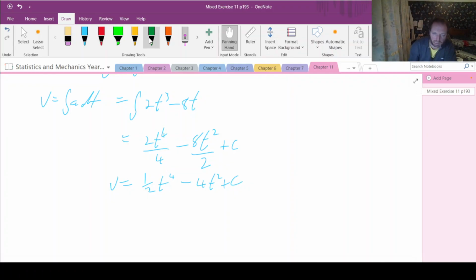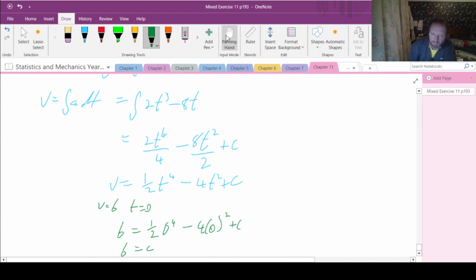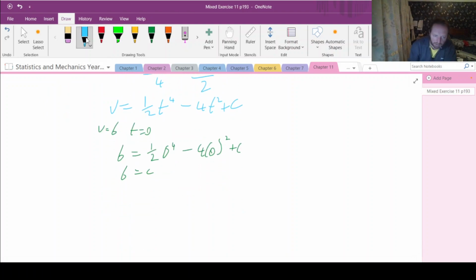So 6 equals a half 0 to the 4 minus 4 0 squared plus c, 6 equals c, giving us a final answer of velocity equals a half t to the 4 minus 4t squared plus 6.